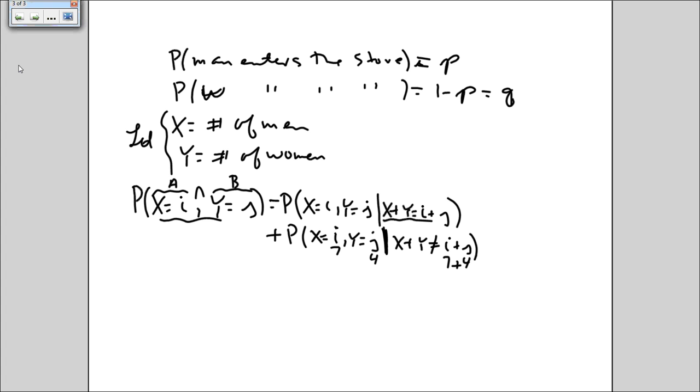So all you know is that 11 people did not come in. What are the chances that 7 men and 4 women came in? 0. That's 11 people, and there's no chance that 11 people came in, given that 11 people did not come in. This last probability is 0, and adding 0 doesn't contribute anything.